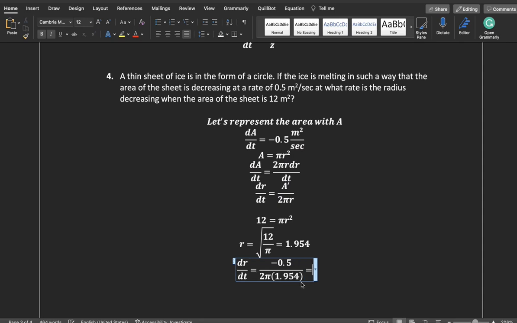If you estimate this, you will get that the value is equal to minus 0.041, and that would be meters per second. So basically, the radius is decreasing at a rate of 0.041 meters per second.